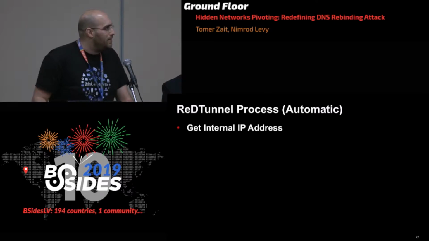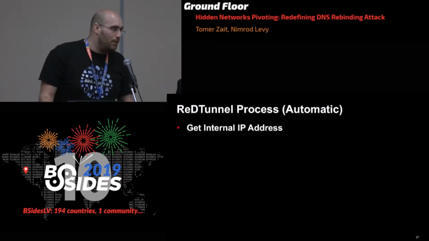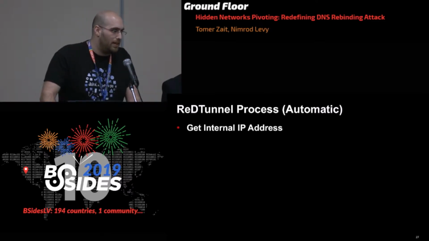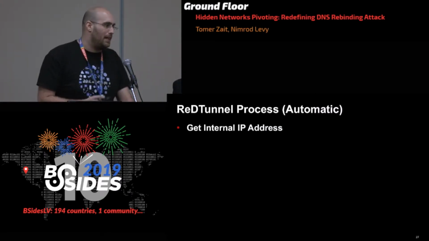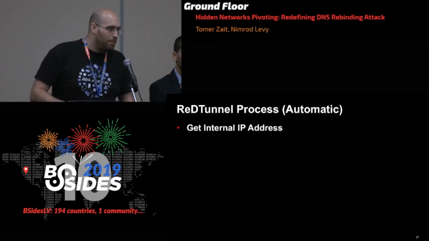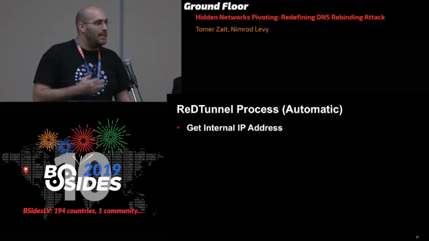Retinal will get the internal IP address. For now, it won't work on Chrome version 75 and so on, because they fixed it. Now you cannot get the internal IP address using WebRTC, but we're still using other techniques.